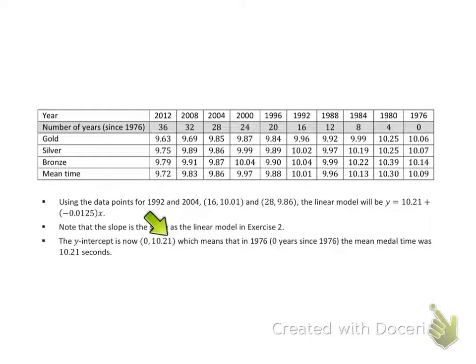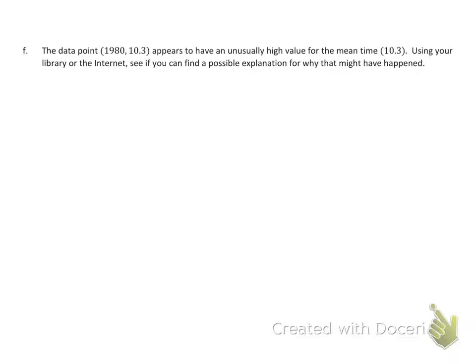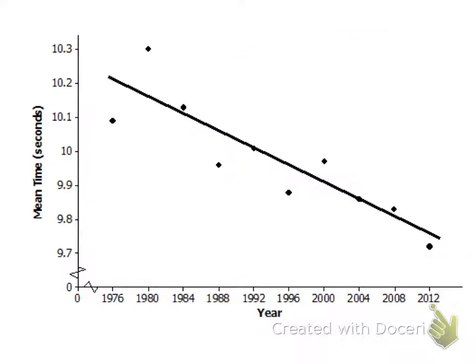The y-intercept is now 10.21, and it does actually make sense. The y-intercept would be the mean medal time in 1976. Now notice it's not, it was actually 10.09. Our linear model predicts 10.21 because remember, our linear model only exactly matches these 2 points. It's predicting the rest of them, okay?